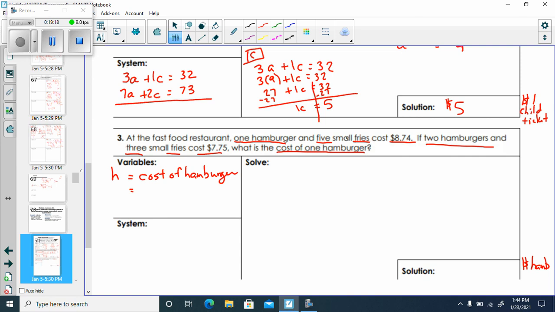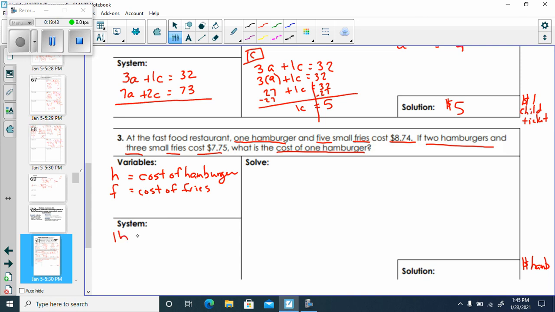So what else do we have? We have fries. So how about we say f is the cost of fries? See, our variables always have to contain whatever we're looking for. Now let's write our system of equations. 1 hamburger, 5 fries is $8.74, right?